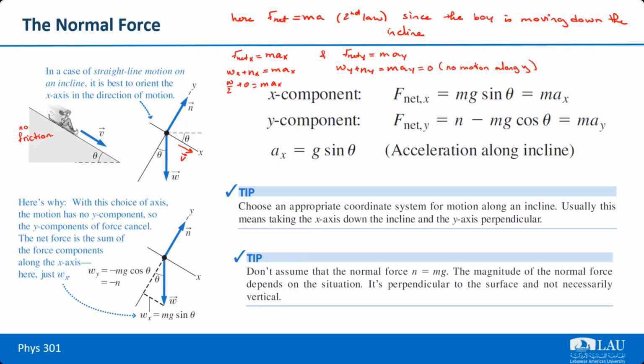So let's see another example of finding the normal force, but this is a harder situation. Namely, let's look at an inclined plane situation. So this boy is sliding on a sled on ice through an incline, and there's no friction. We're given that there is no friction.